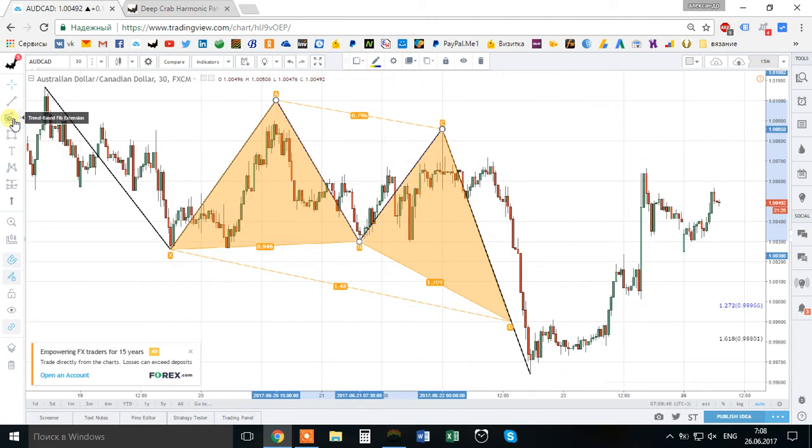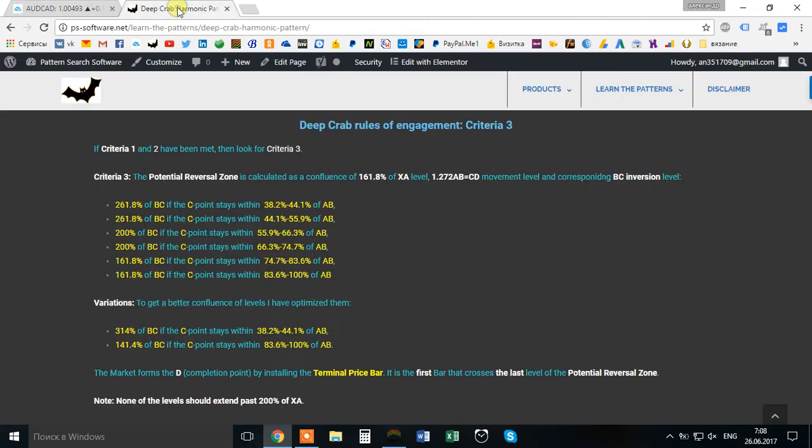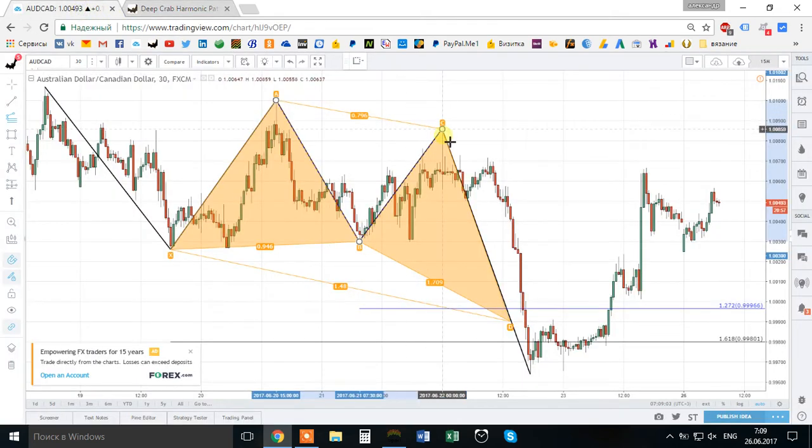And the third thing, you are to do the inversion of the BC leg. So you have the C point of 0.796. 0.796 stays within this range, 0.74 to 0.83. This means the BC inversion should be 1.618. Let's draw the 1.618 BC inversion.